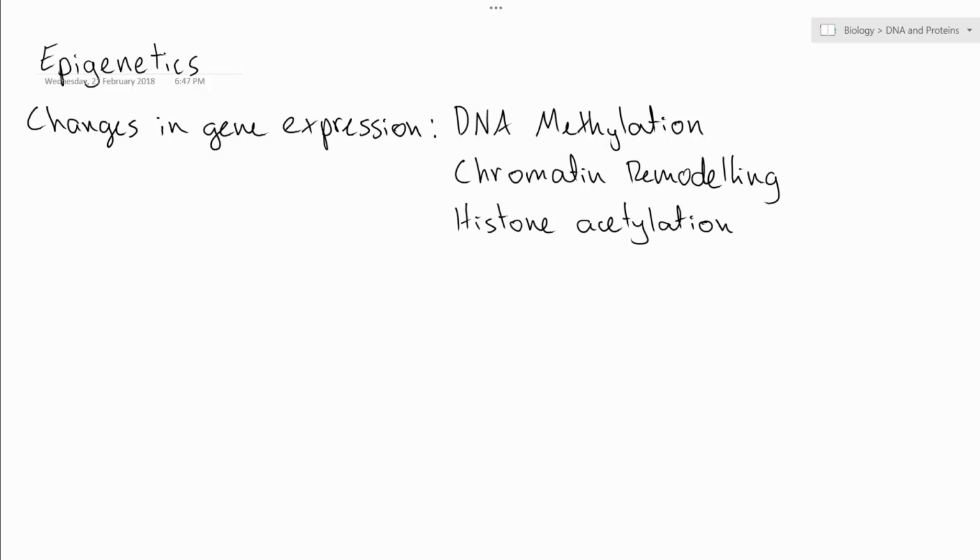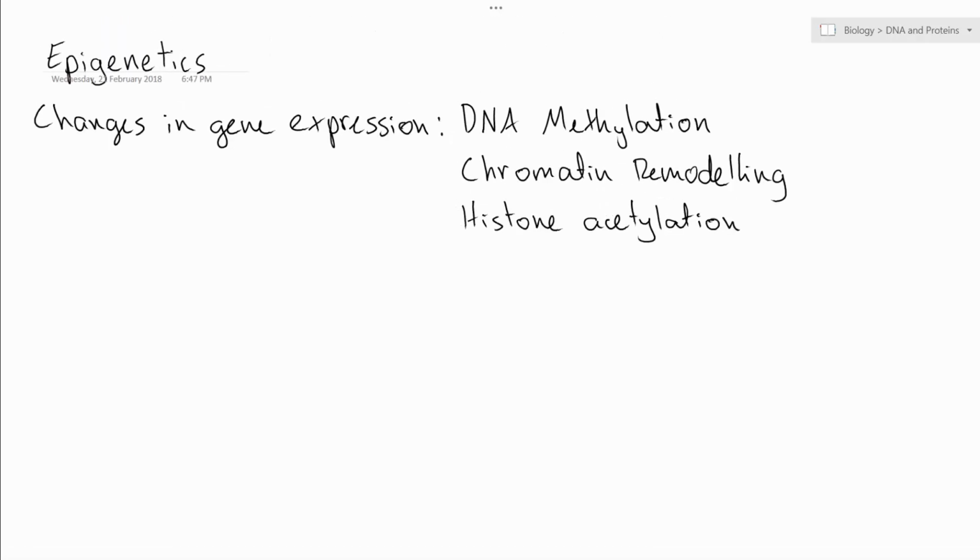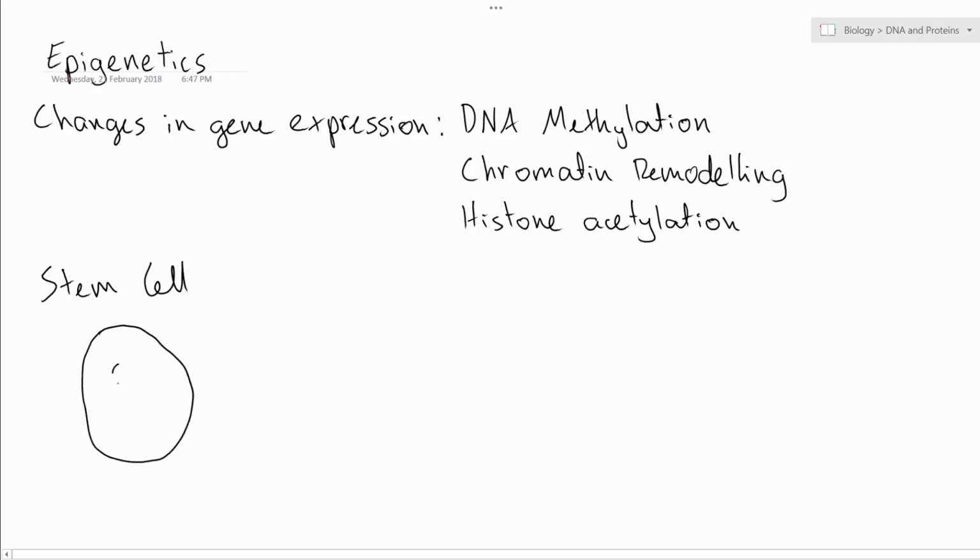All right. So if we look at a cellular level, the influence that these effects on gene expression can have, initially in an early embryonic stage, we start out with a whole bunch of stem cells. So this is going to be my stem cell here.